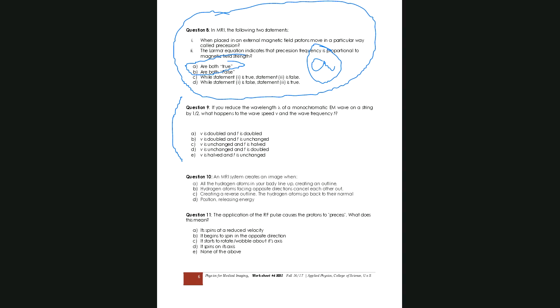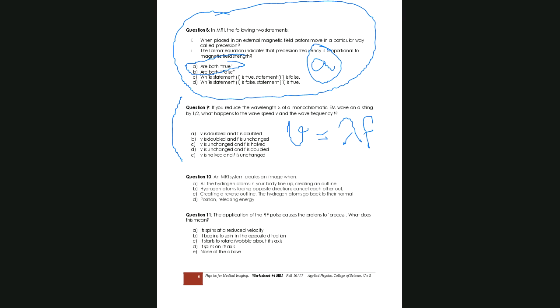Now let's go to question number 9 and see if some people can get that. If you reduce the wavelength of an electromagnetic wave, a radio frequency wave, by half, what happens to the speed and the frequency? Let me give you the formula first. V is equal to lambda F, right?